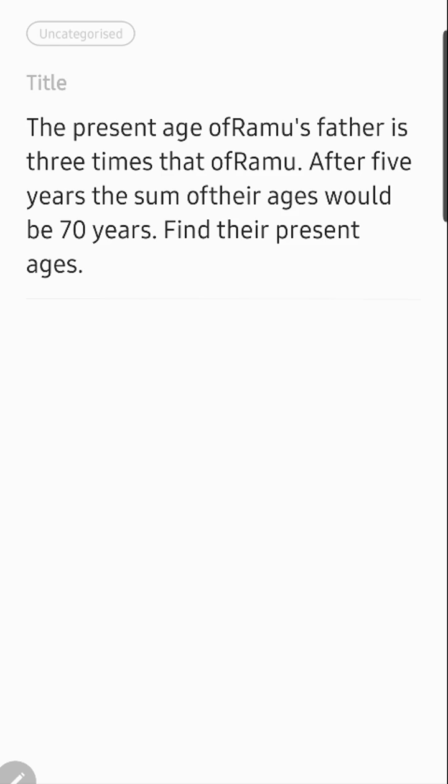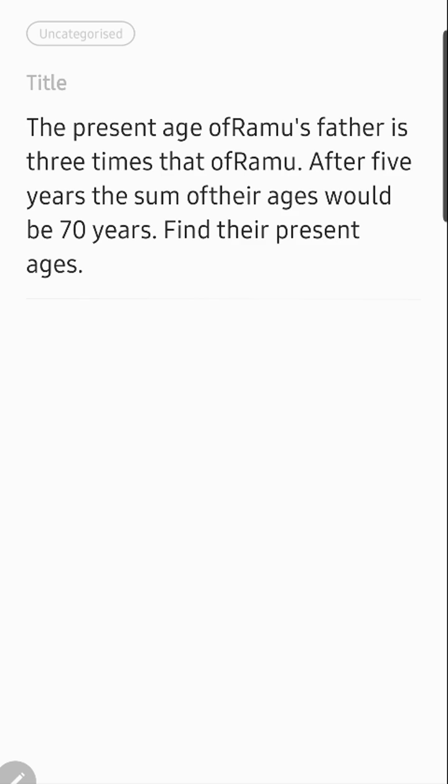Okay, here you see the problem. The present age of Ramu's father is 3 times that of Ramu. After 5 years, the sum of their ages would be 70 years. Find their present ages, they said. After reading the problem, just observe: present ages, how much?